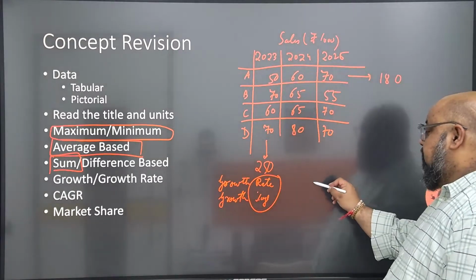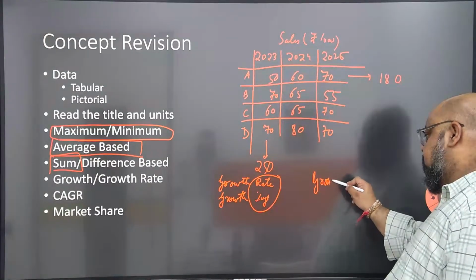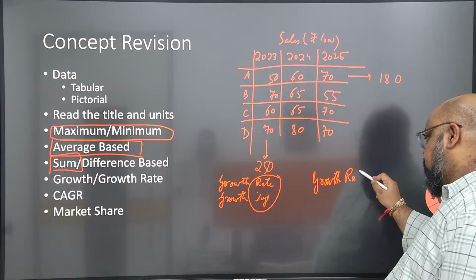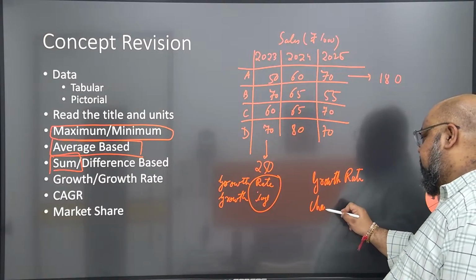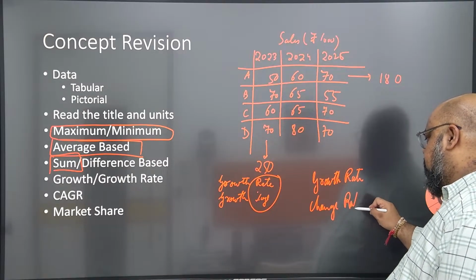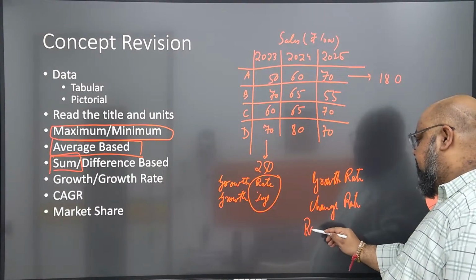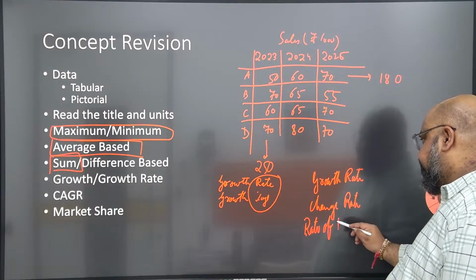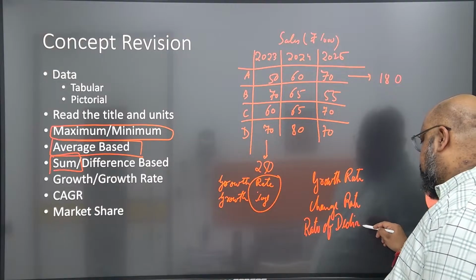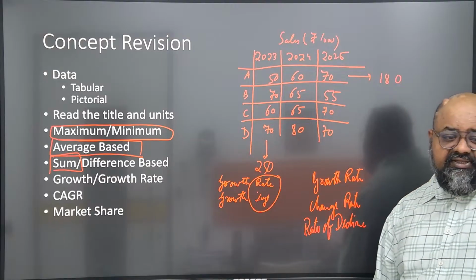Second, if I say growth rate versus change rate, and suppose the third term is rate of decline, how are these 3 terms different?